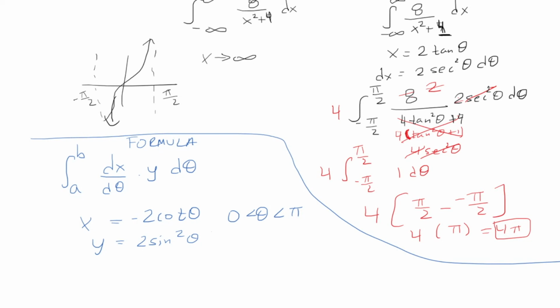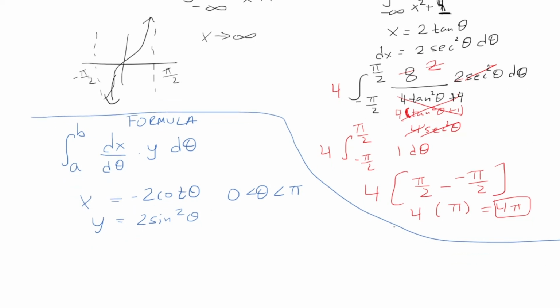All right, now we can begin. So we just need to apply this formula. So the limits are going to be the same. We're going from 0 to pi. And then dx over d theta. So take the derivative of x here in terms of theta. That's just going to be 2 cosecant squared, because the derivative of cotangent is negative cosecant squared. And so you'll multiply that by negative 2 to get 2 cosecant squared.